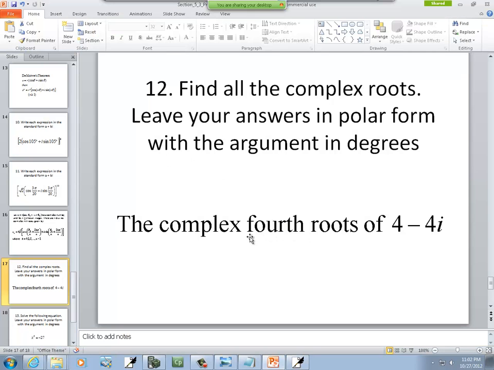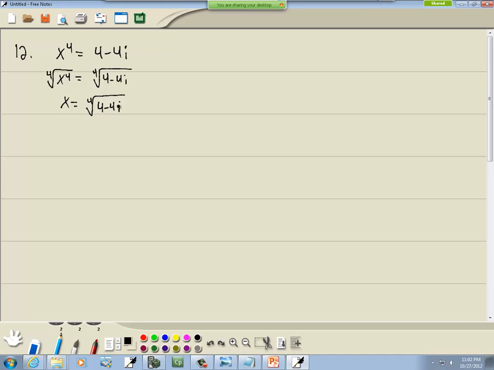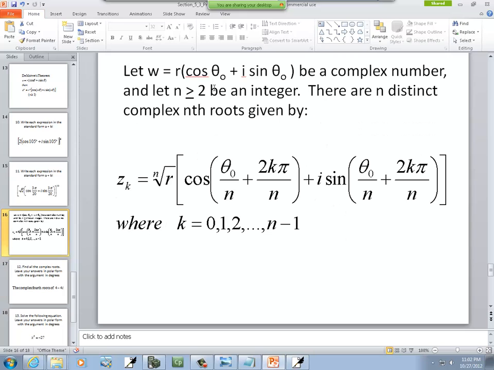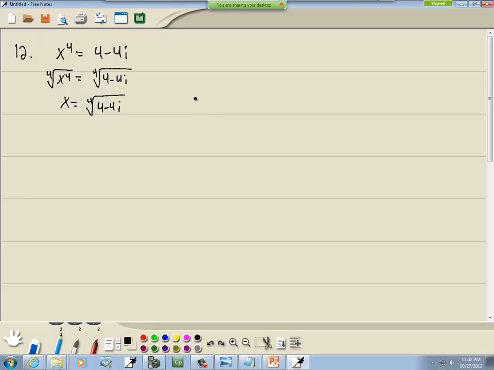So this is what that's saying. Find all the complex fourth roots of 4 minus 4i. Complex fourth roots means you have 4 as your index. For this formula to work, we have to have it in polar form. So that's our first step.